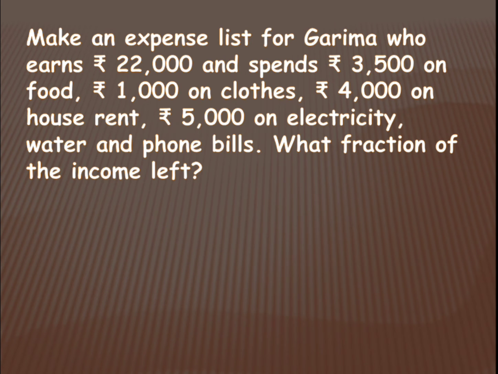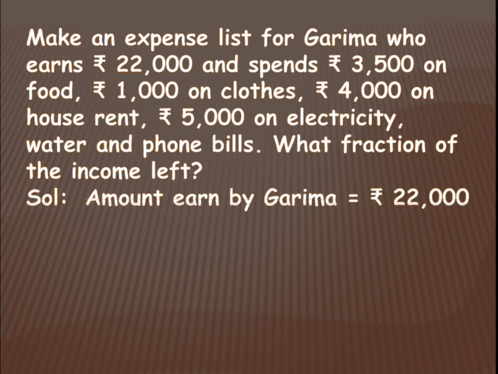And how can you find the income left? By subtracting all these expenses. So to subtract that, you need to add all the expenses together, and remove that from your 22,000, which is her earning, isn't it? So it is a multi-step problem, children. Concentrate and see. So here, the amount earned by Garima is 22,000. And what is the expenditure she does?